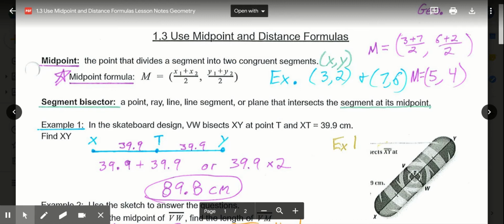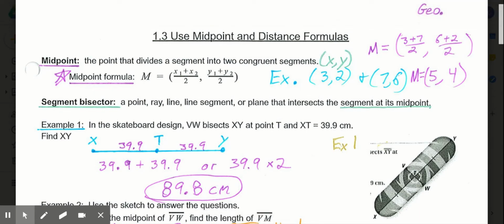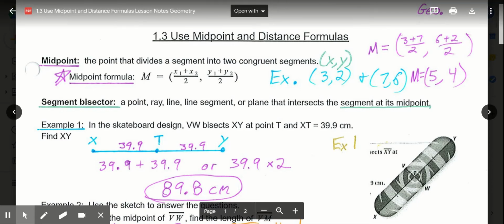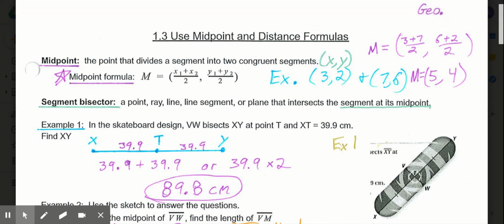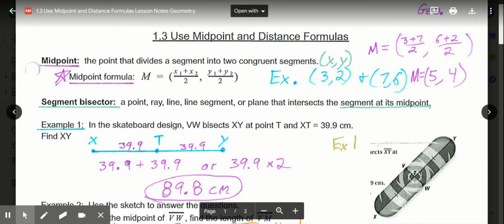A segment bisector can be a point, a ray, a line, a segment, or a plane, so many different figures, that intersects the segment at its midpoint. So a segment bisector is any of these figures, and it intersects a segment at its midpoint.